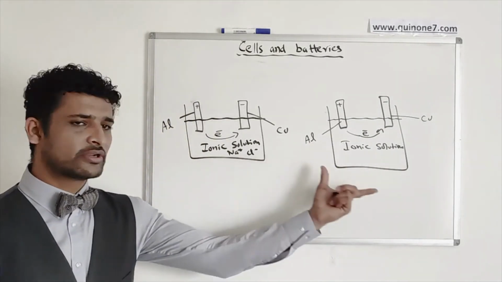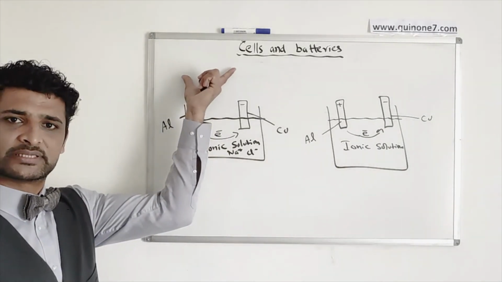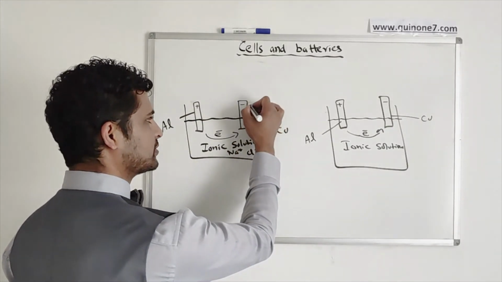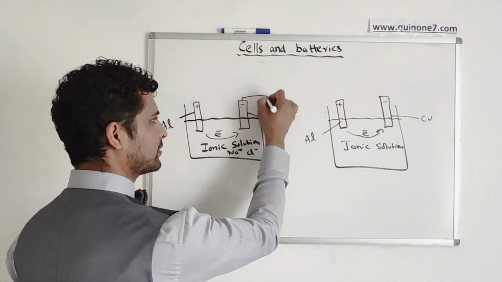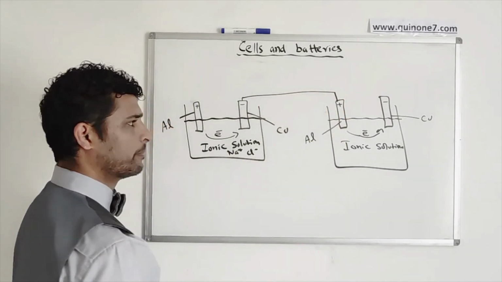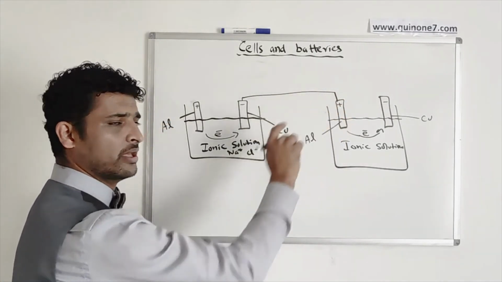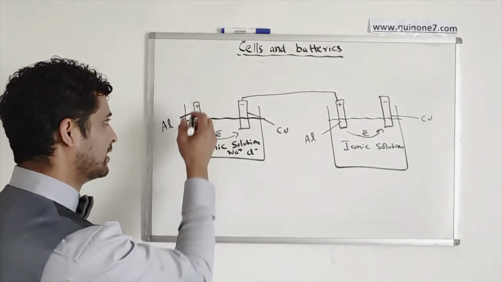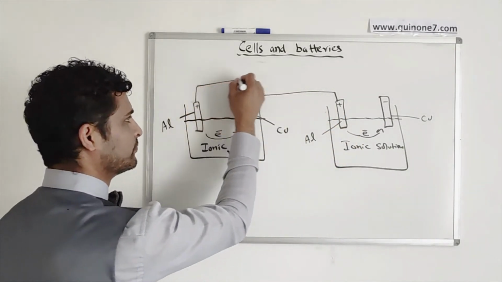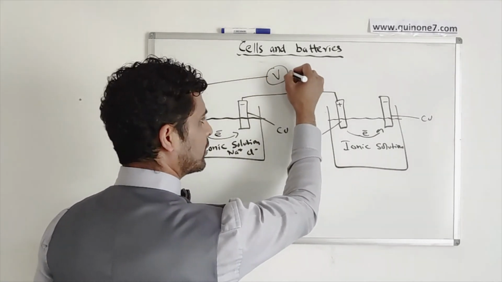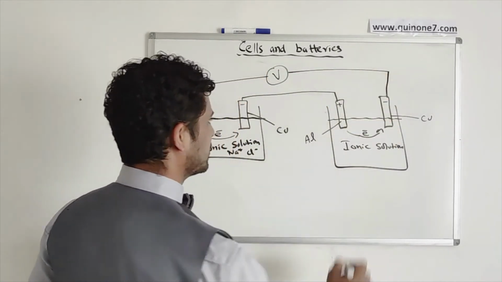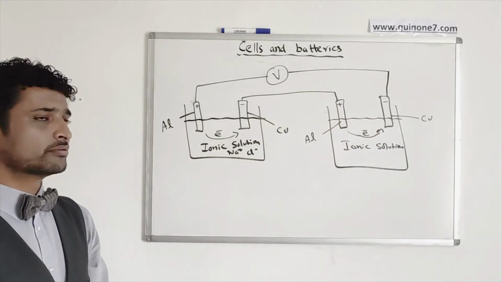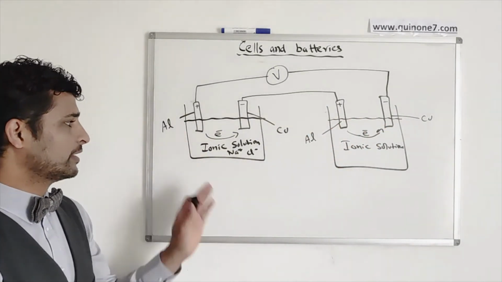Now you have two different cells. Before, you put the voltmeter there, but this time you are going to connect them in series. That means you connect the copper with the aluminium of the other. So the negative electrode is connected with the positive electrode of the other cell. In the same fashion, the negative electrode of the other cell is connected to the positive electrode of this cell.